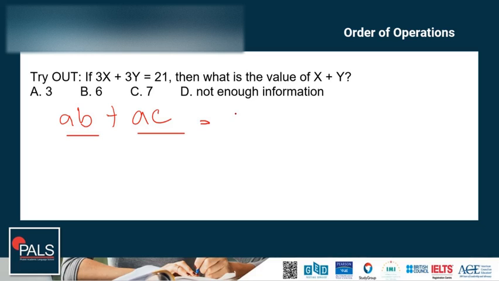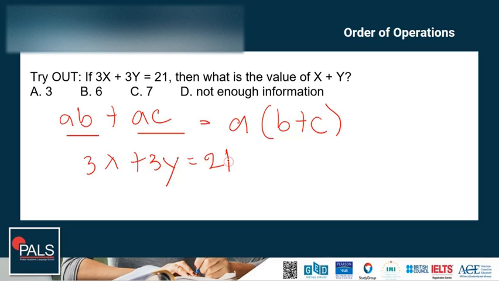So the factored form is A times B plus C. Let's try applying it on the problem. So we have 3x plus 3y is equal to 21, and then 3 times x plus y is equal to 21.